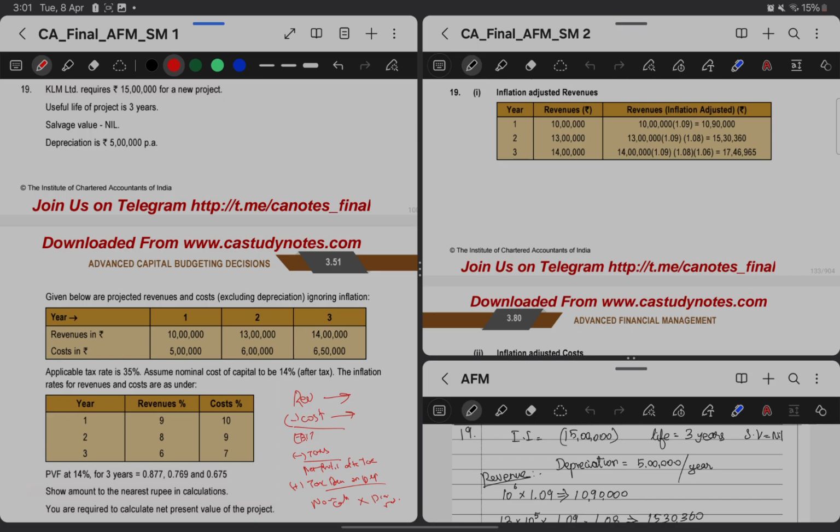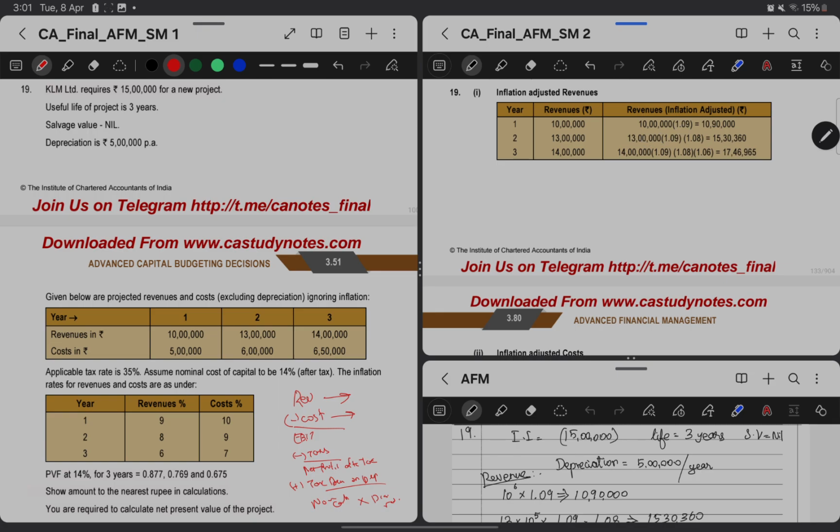as how we are adjusting the discount rate, same way goes with inflation also, but inflation differs every year. So 14 lakh into first year inflation of 9%, then second year inflation of 8%, then third year inflation of 6%, wherein this inflation rate has to be added up.